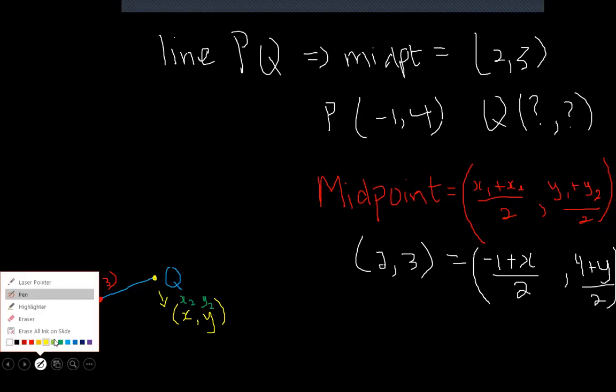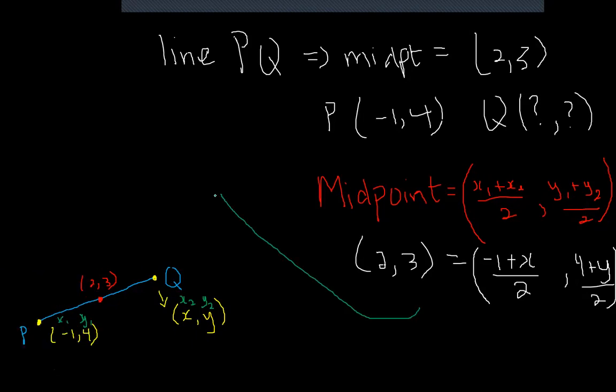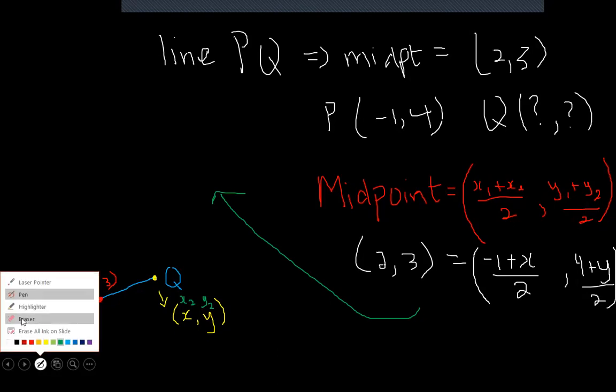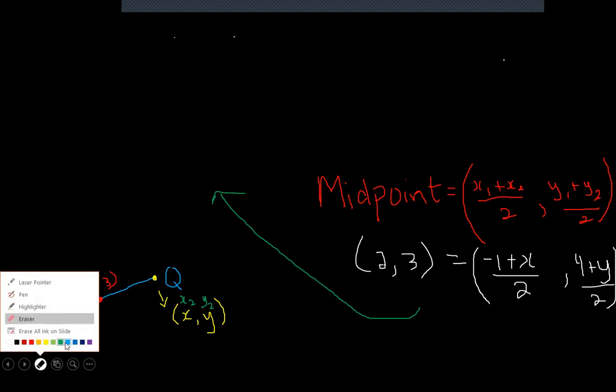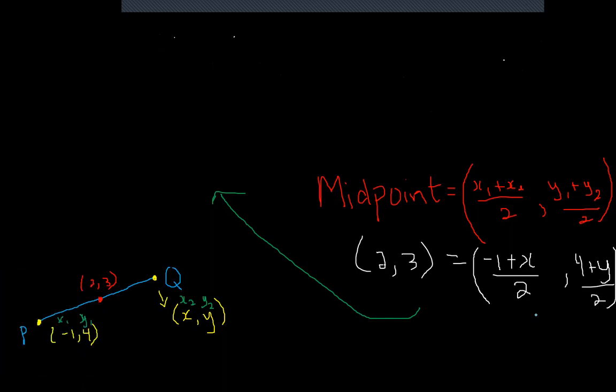So now, let me use green. I don't really want to erase that diagram, I could erase this thing. What I need you to remember, we said that whatever this x value is, when I say minus 1 plus whatever that x value is divided by 2, the answer I would get is 2.